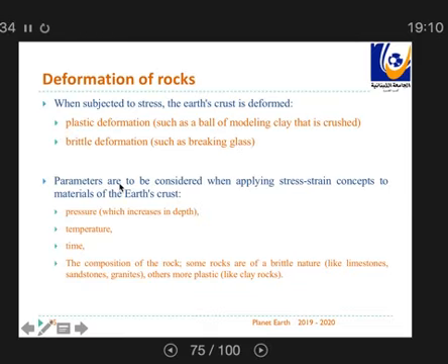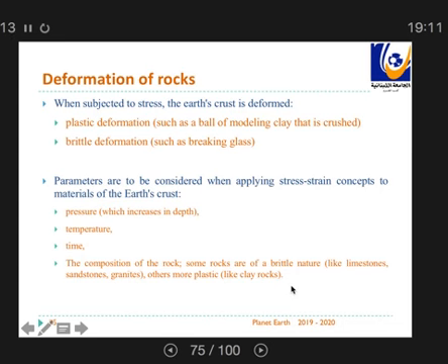So the parameters that are to be considered when applying a stress-strain concept to material of the Earth's crust are the following: pressure, which of course increases in depth; temperature, which also increases in depth; time; and finally the composition of the rock and the nature of the rock. We have some rocks that are brittle by nature, like the limestones that are very rich in Lebanon, or others that are more plastic, like clay rocks.